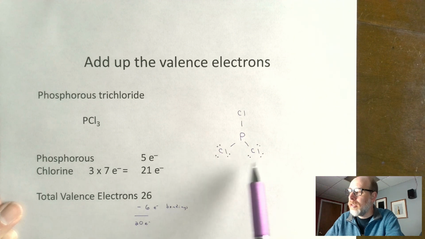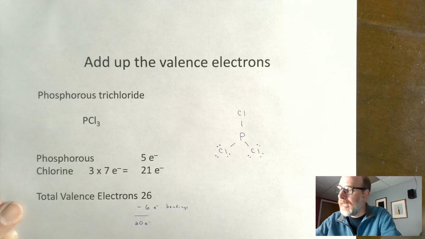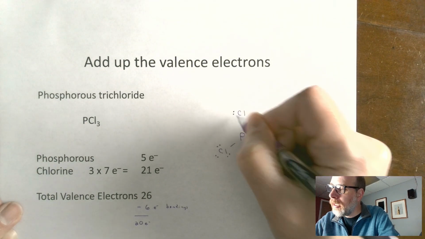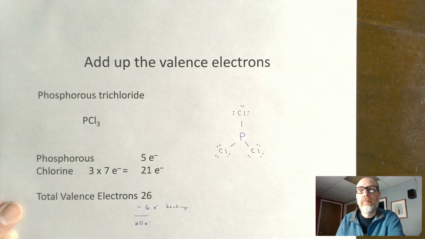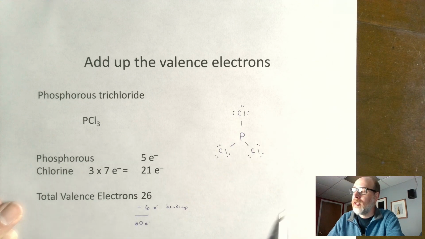I've added another 12 to that compound. I only have 20 total that I can add. I can't add more than that, so you have to be careful to make sure you don't add more. So this chlorine has 2, needs 4, 6, 8. Now we have all 3 of the chlorines with their octet.